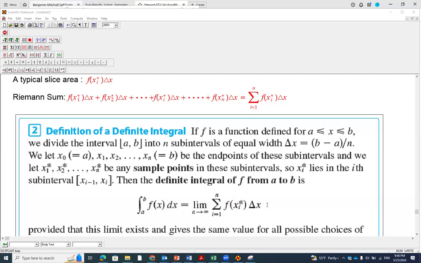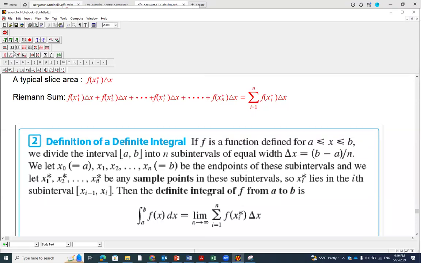We got the Riemann sum. We'll take the limit of the Riemann sum. If this limit exists, we're going to call it the area underneath the curve, and we use that notation.